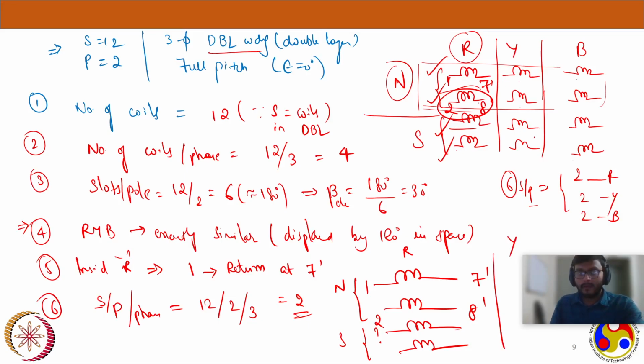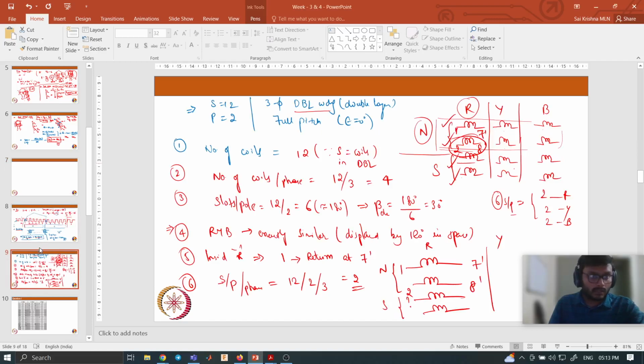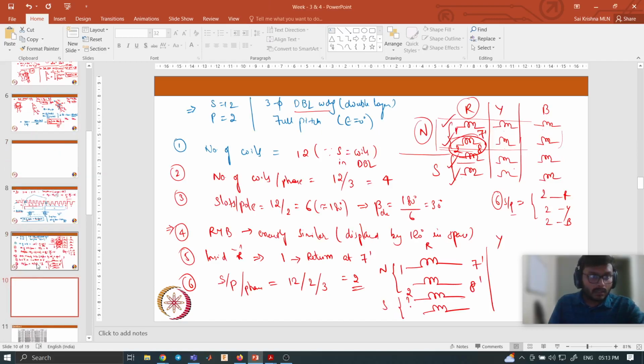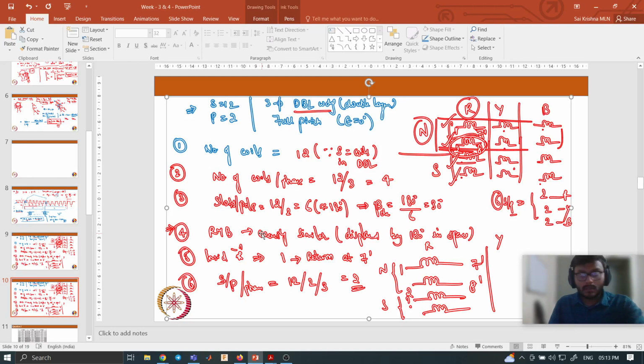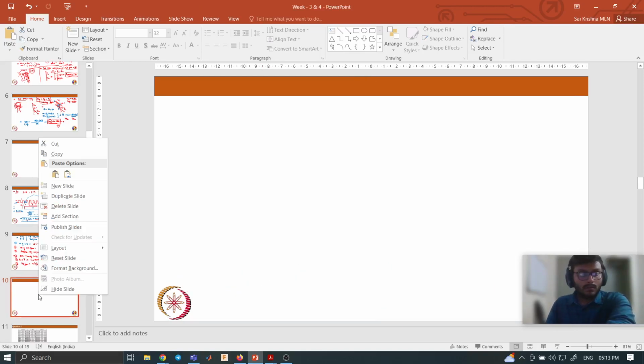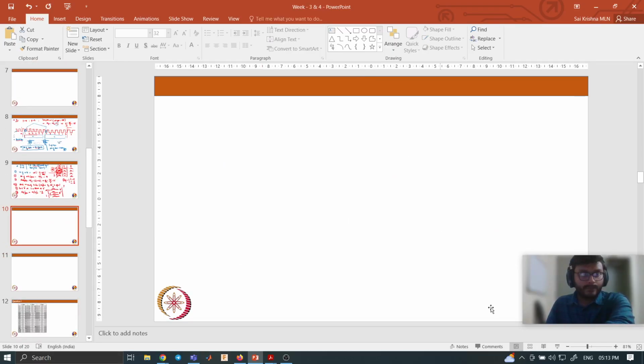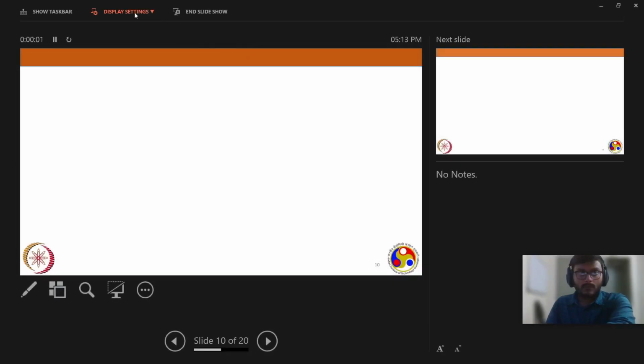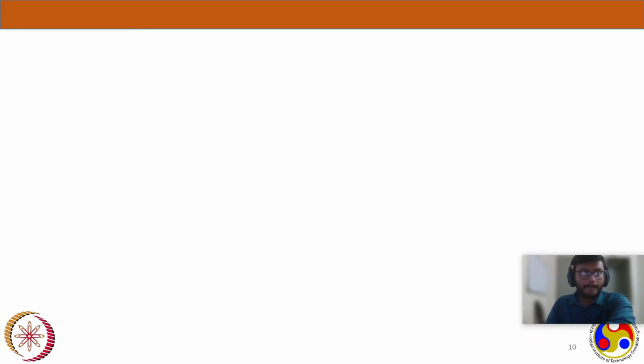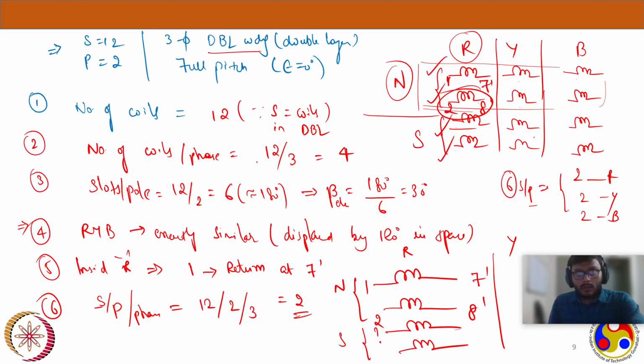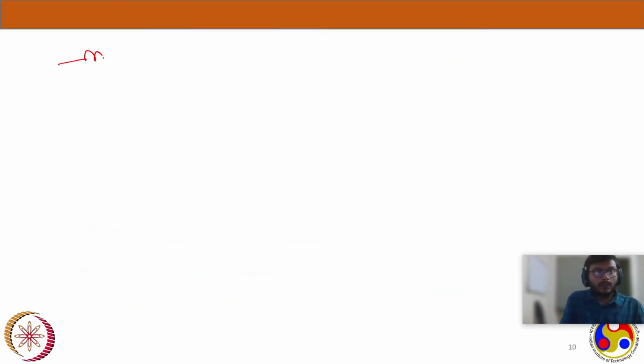I'll just take another sheet. I'm just quickly drawing the coils.